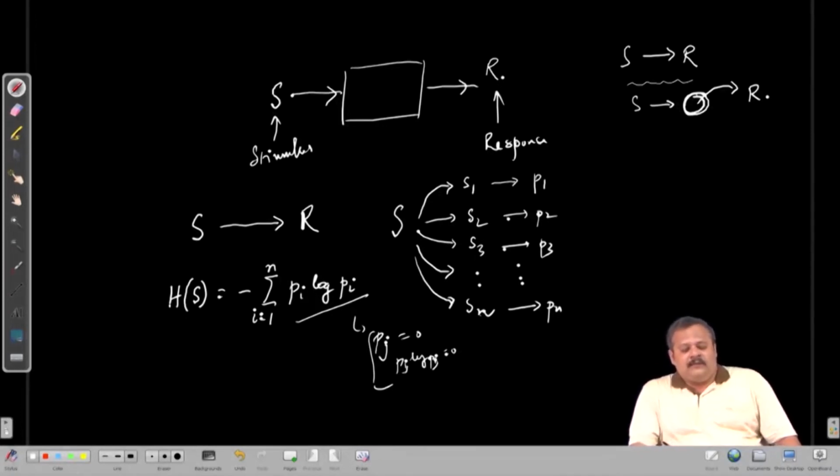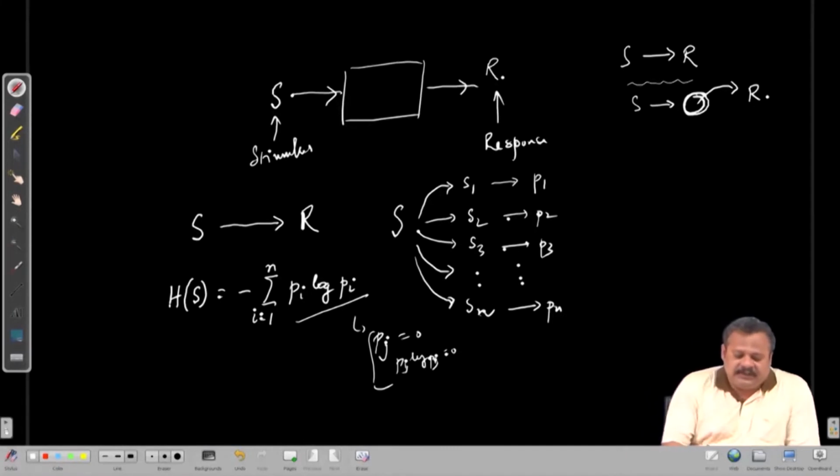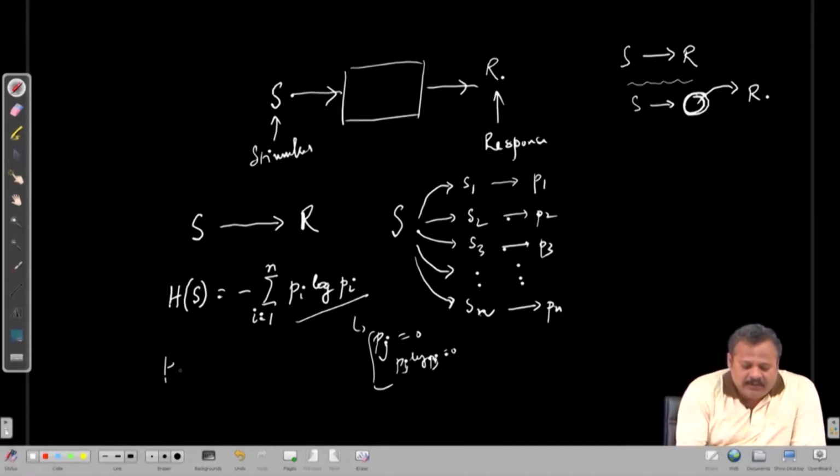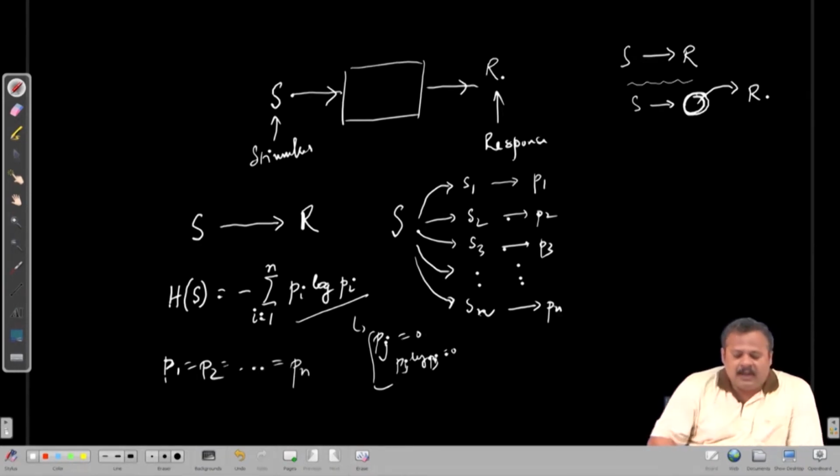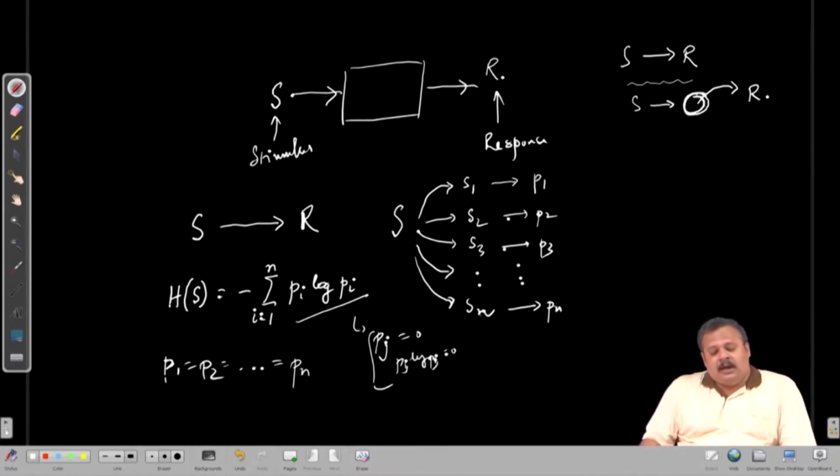So, that means the uncertainty is maximum when all the stimuli have equal probability of occurrence, that is P1 equals P2 equals up to Pn. And indeed you can show that the entropy H(S) is maximum when S has a uniform distribution.